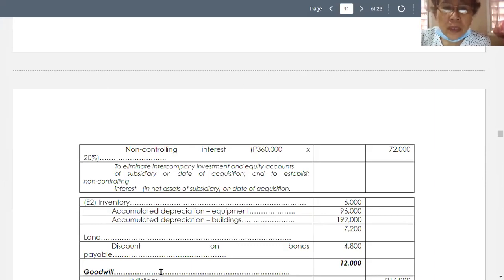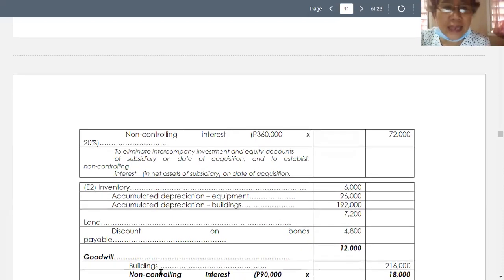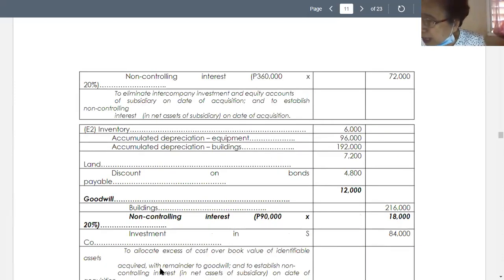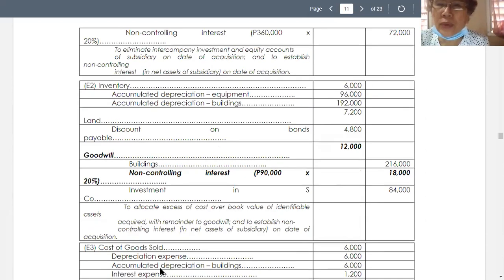Further, we have to debit inventory by 6,000, debit accumulated depreciation of equipment by 96,000, debit accumulated depreciation of building by 192,000, we debit land 7,200, debit discount on bonds payable for the amount of 4,800, and then we debit goodwill for 12,000.